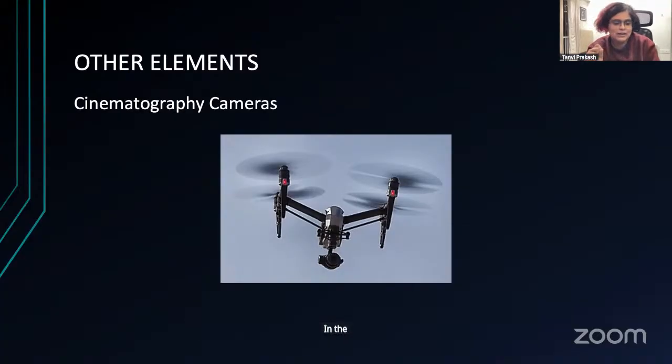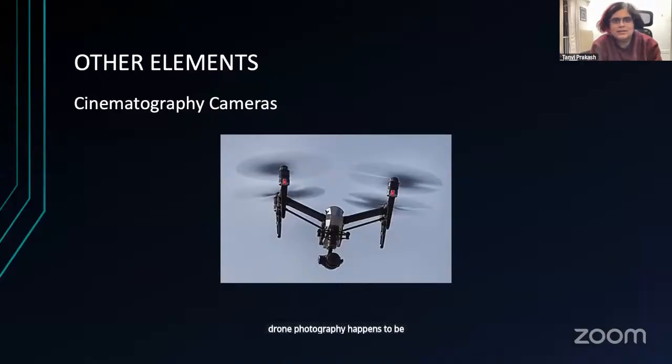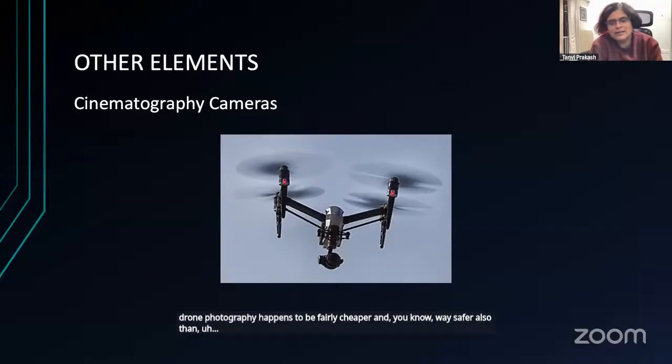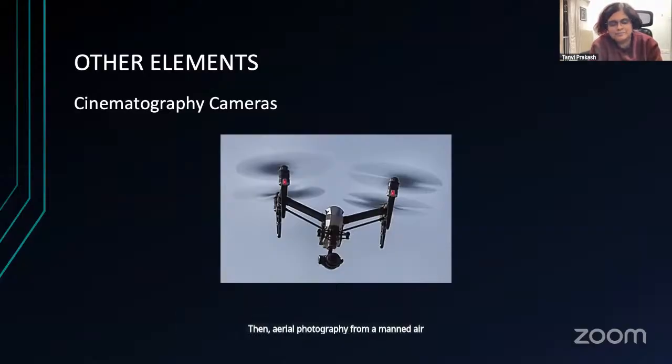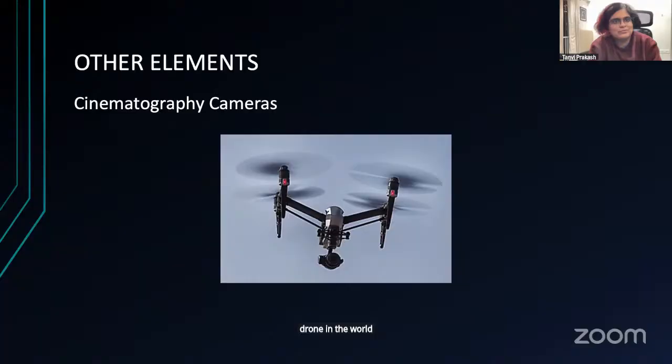Of course, aerial photography has existed for a very long time, but drone photography happens to be fairly cheaper and in a way safer than aerial photography from a manned aircraft. So this particular drone, I think, is currently the most expensive cinematography drone in the world.